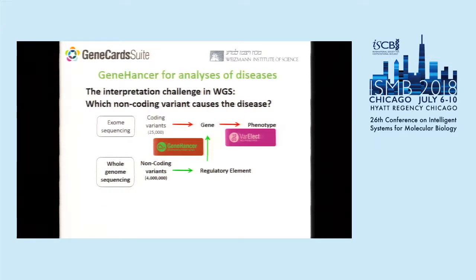With whole genome sequencing, with the myriad of variants, they take advantage of the GeneHancer system, which produces regulatory elements, and the regulatory elements have gene associations as well. This is a many-to-many relationship. All of this information is thrown into the mix, and then VarElect can hopefully solve the issue.